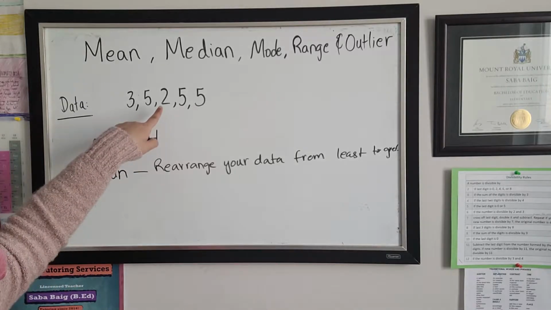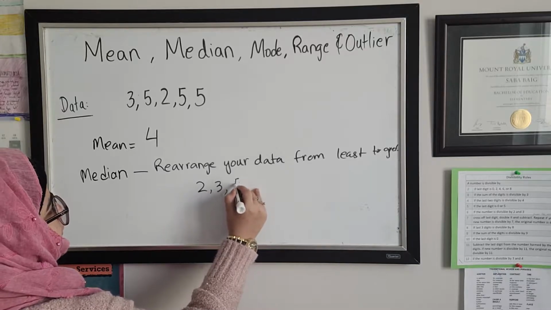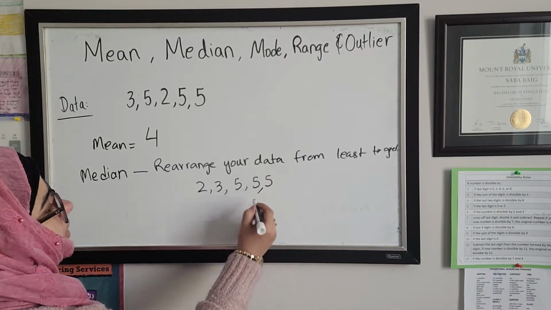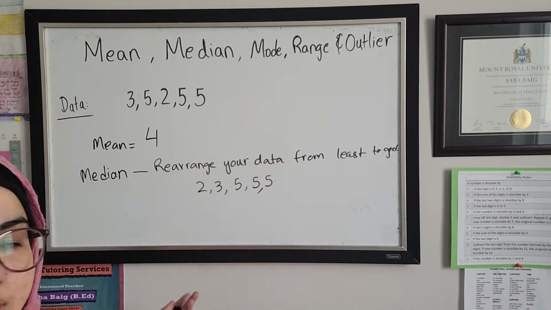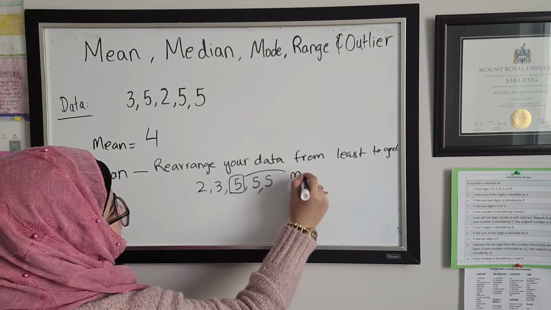So least to greatest means 2 comes first. We're going to rearrange it: 2, 3, then we have 5, 5, 5. We rearrange the data, and the middle number is your median. So 5 is the middle number. So this is your median.